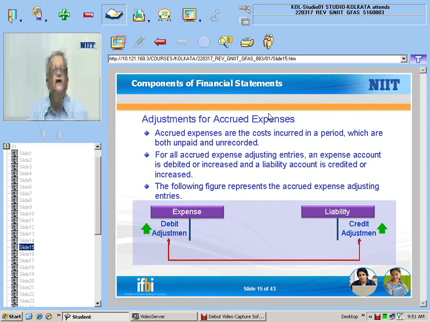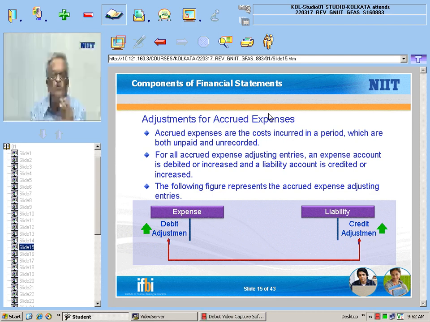Adjustment for accrued expenses. Accrued expenses are those expenses which have fallen due. Any expense which has fallen due is called an accrued expense. Accrued expenses are costs incurred in a period which are both unpaid and unrecorded. For such expenses, money has not been paid, but since the expenditure has already fallen due, I have to debit my expenditure account and keep the money separately in a liability account called expenses payable.